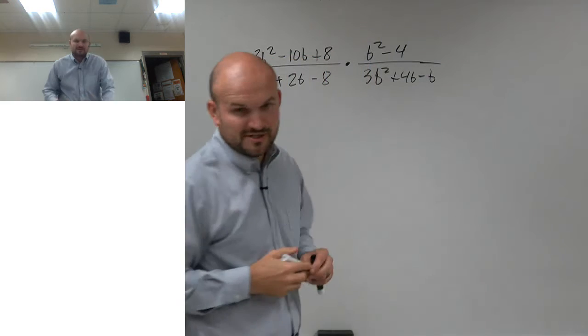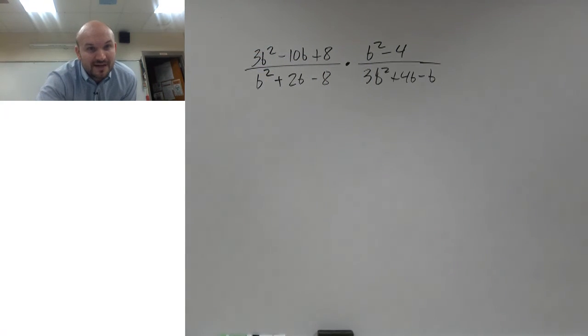All right, so please make sure I wrote that up there correctly, because otherwise I'm not going to have a very fun time. The 10b, so it's a plus 10b.